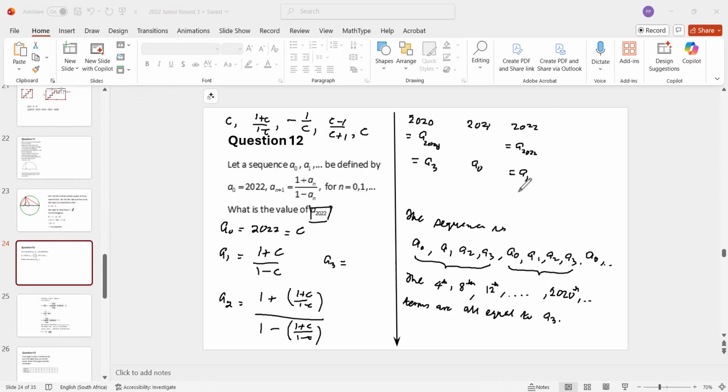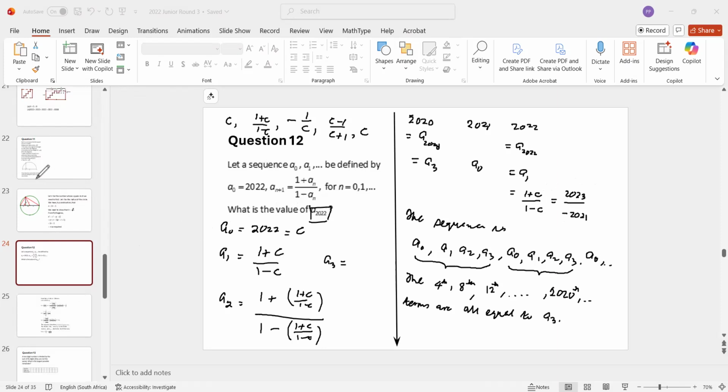So the 2022nd term is A1, and A0 is this, A1 is that. And then you can put C equal to 2022. Now this is wrong. 1 minus 2022. I'm not sure what happened here.